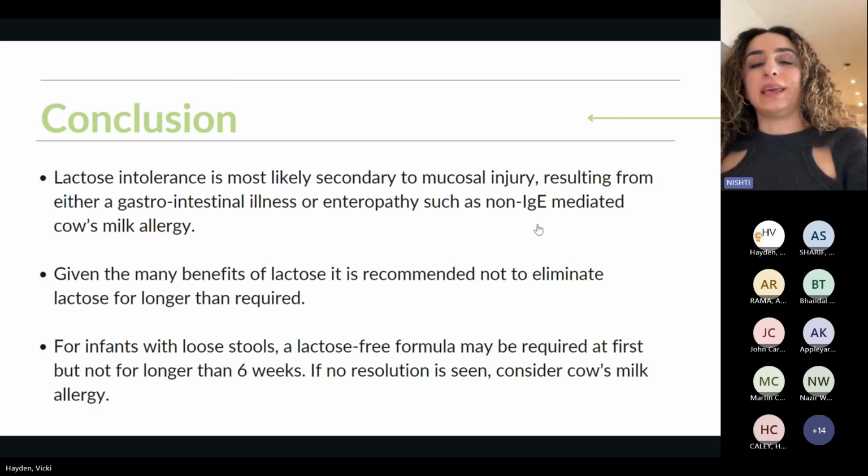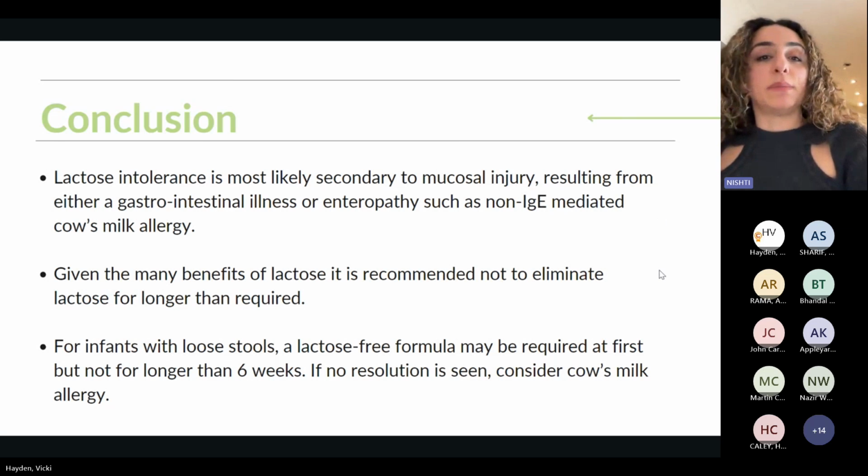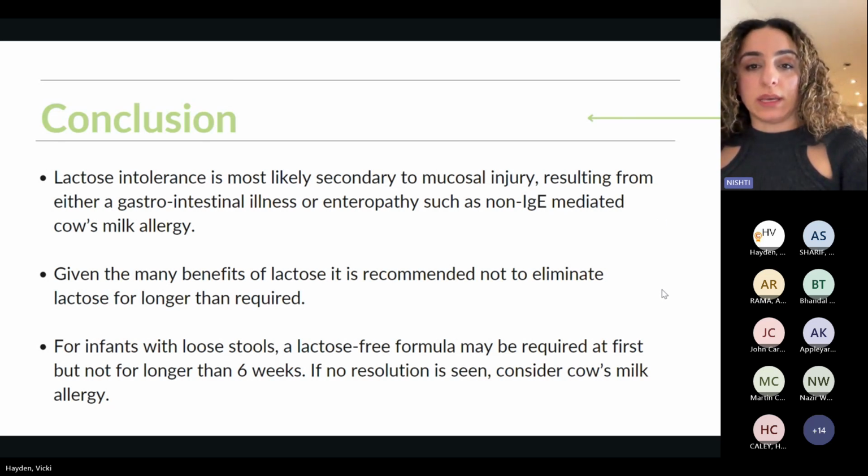Lactose intolerance is very rare in children, and if it is present, it's most likely because of diarrhea, because of their non-IgE cow's milk allergy. Given the many benefits of lactose, it is recommended not to eliminate lactose for longer than required.